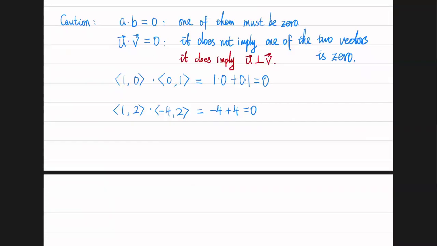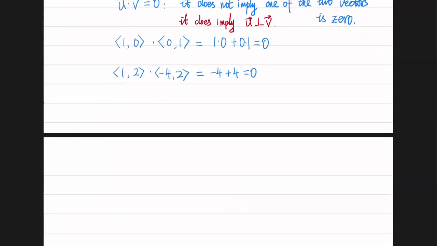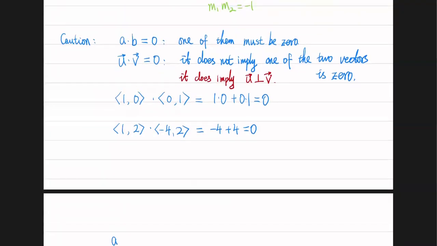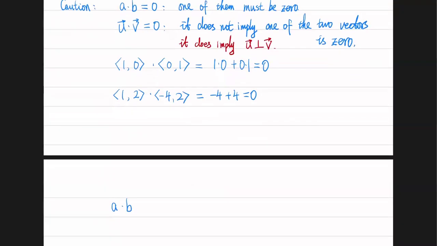Another difference. If the product of two numbers is 1, what can I say from here? What's the connection between the two numbers?